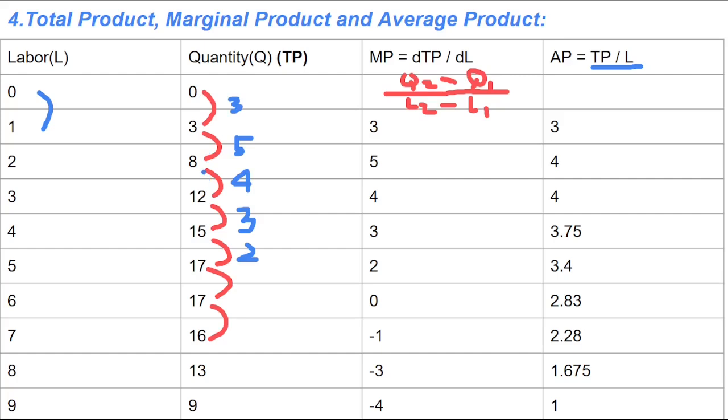But see, for 8 to 12, our TP is increasing, but our additional output here is 4. Here additional output goes from 5 to 4. So we can say TP is increasing but at decreasing rate.